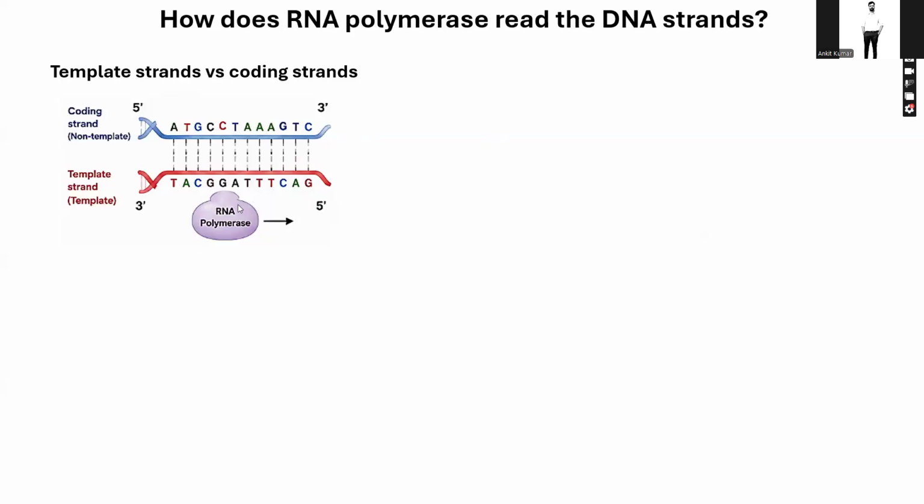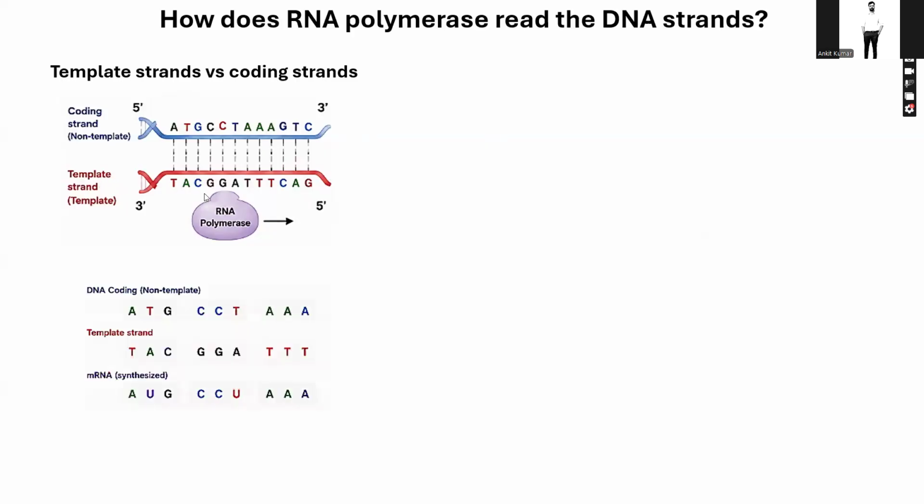So as we have seen, first the RNA polymerase reads the template strand. Let's say the DNA coding strand, called the non-template strand, is like this. Then the template strand will be the complementary base pair of this. A will pair with T, T will pair with A, and so on and so forth.